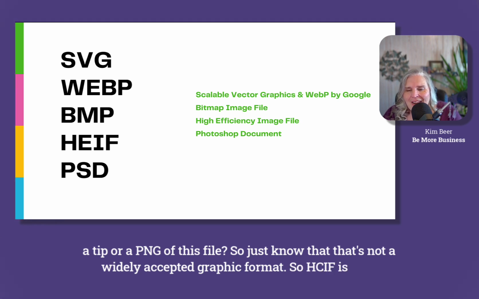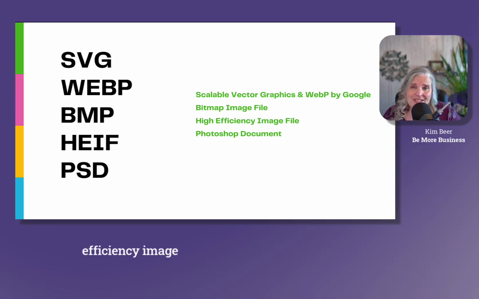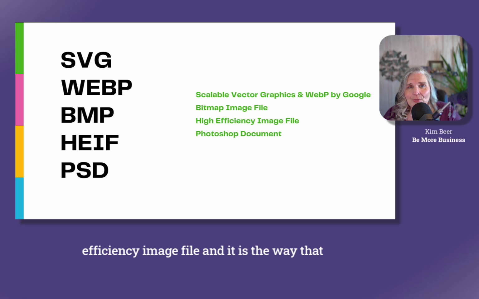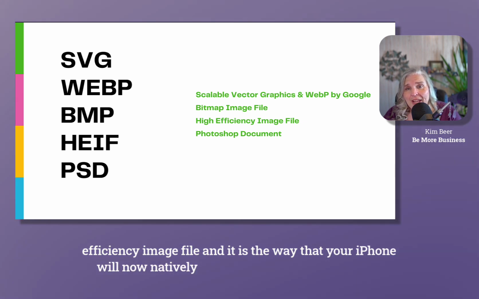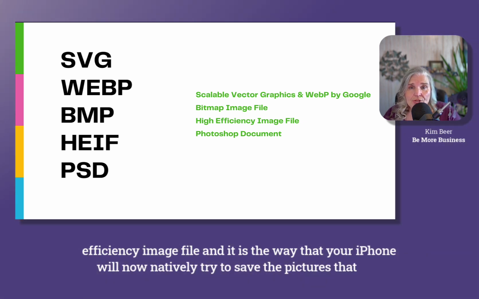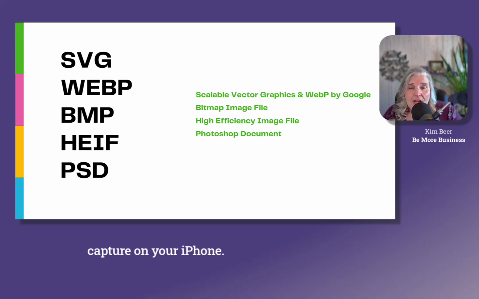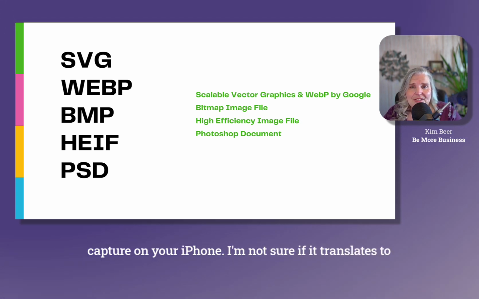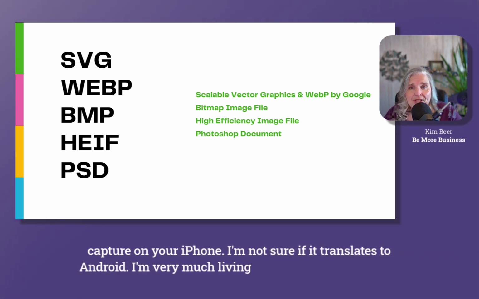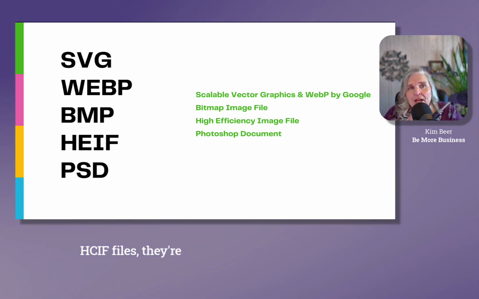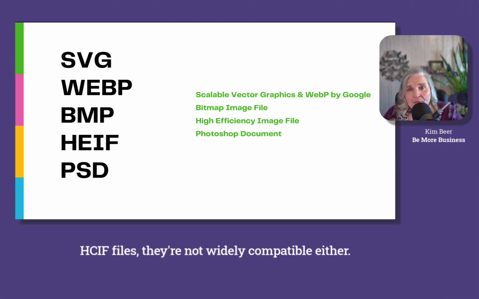So HEIF is high efficiency image file, and it is the way that your iPhone will now natively try to save the pictures that you capture on your iPhone. I'm not sure if it translates to Androids. I am very much living in my Mac world. But the HEIF files, they're not widely compatible either.